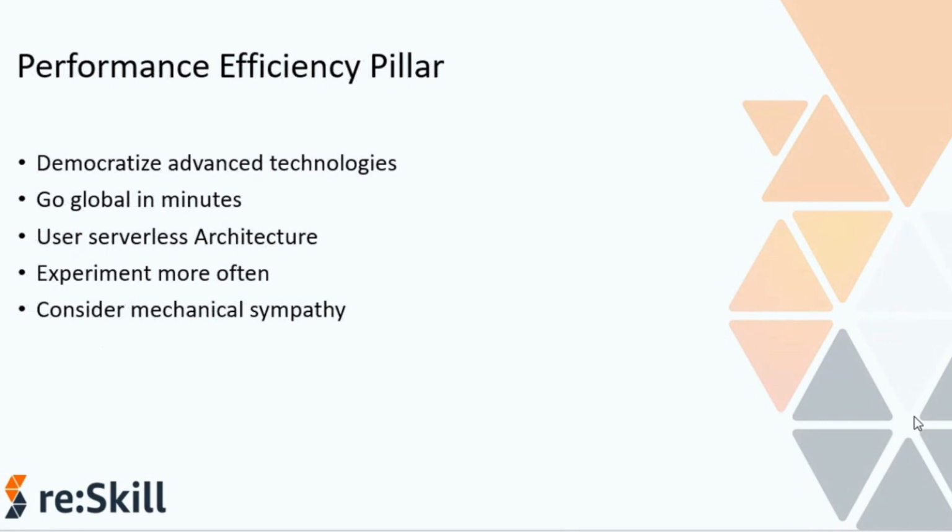Let's move ahead to the next pillar, which is performance efficiency. Performance is a key thing in AWS Cloud because until and unless you provision resources which are performance efficient, you will be either underutilized or overutilized. So it's always a best practice to go through the performance of your system, be it EC2 instances or EBS volumes.